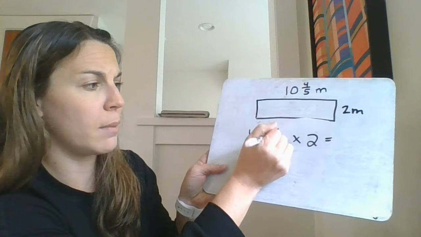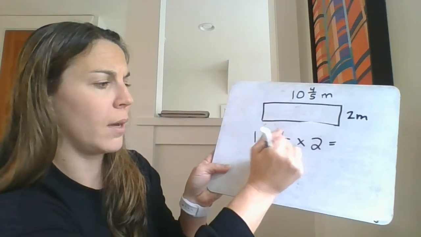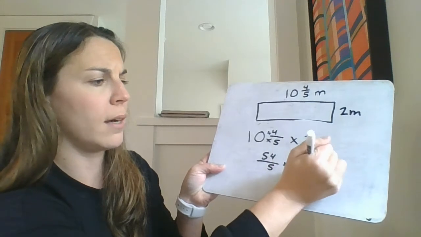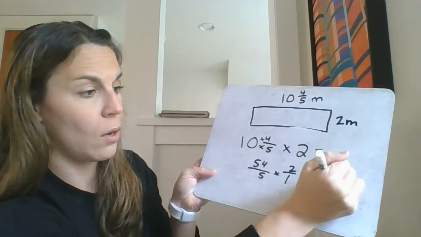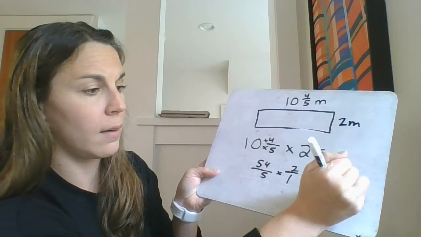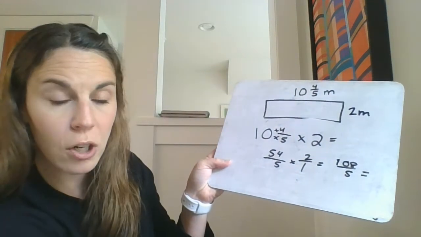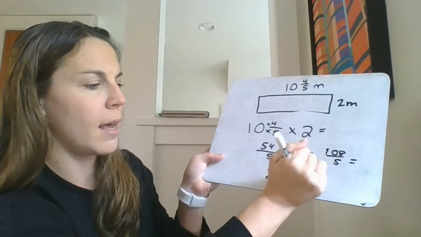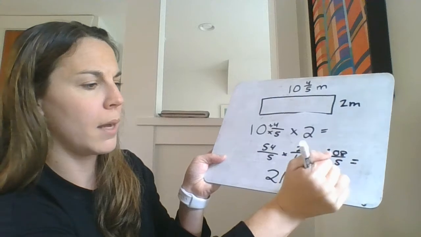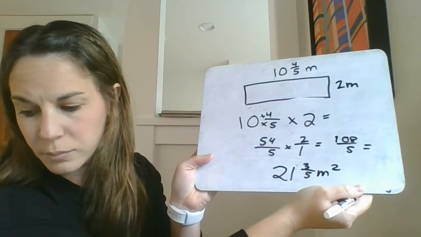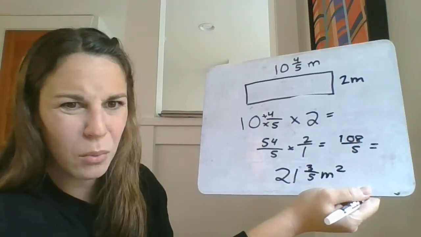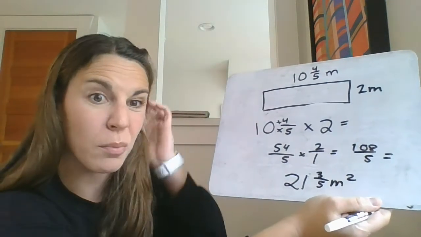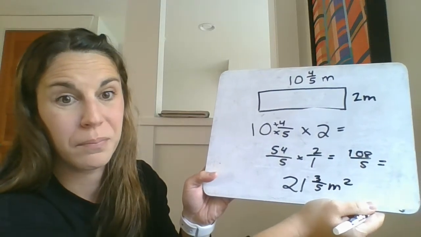Remember, we did our times plus. We got 54 fifths times 2 over 1. We couldn't cross simplify. We got our 108 over 5, and then we turned it into a mixed number, 21 and 3 fifths meters squared. Gosh, that one was kind of nice because we did a lot of the work in the perimeter one. So don't erase your work because sometimes your perimeter might help you find your area.